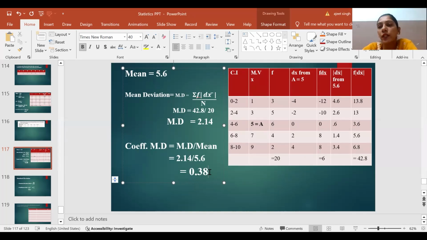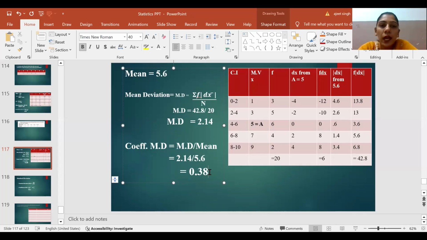After calculating f dx, we calculate the sum of f dx for calculating mean, as the formula of mean in continuous series is assumed mean plus sigma f dx divided by n into i.